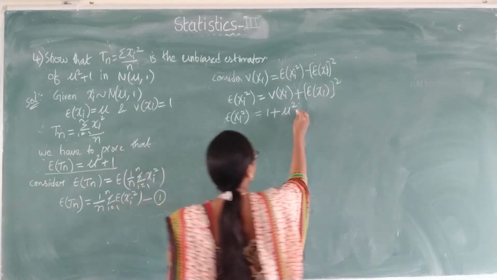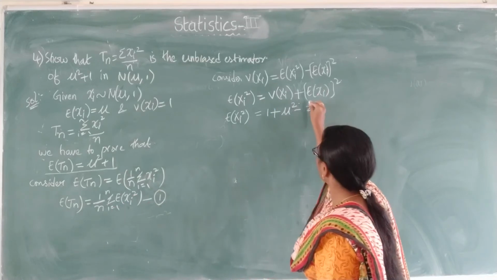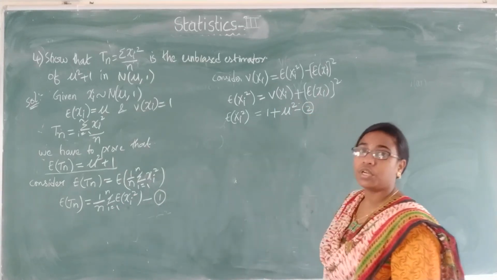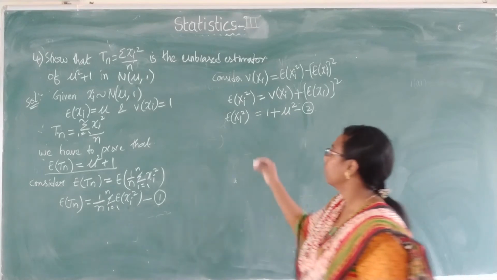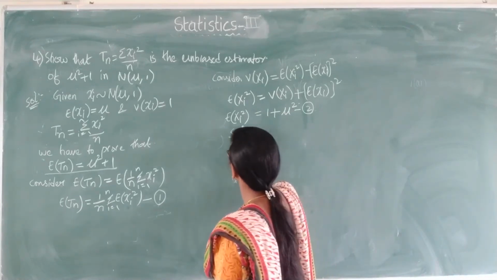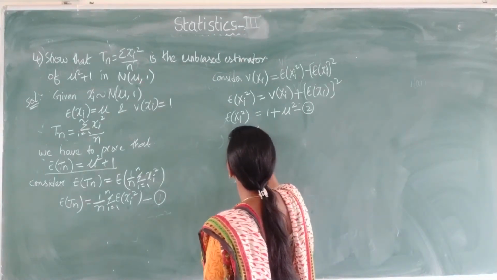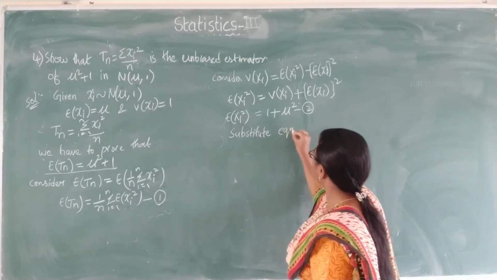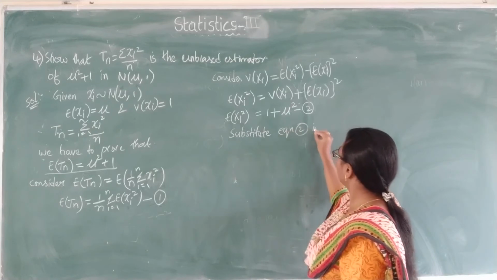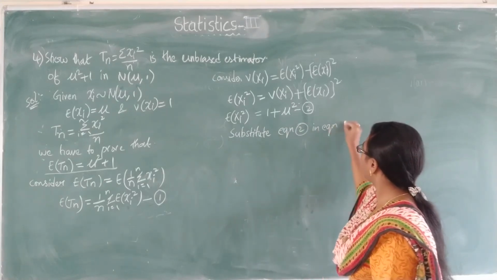This is the value of expectation of xi square. Keep it as equation 2. Now substitute equation 2 in equation 1.